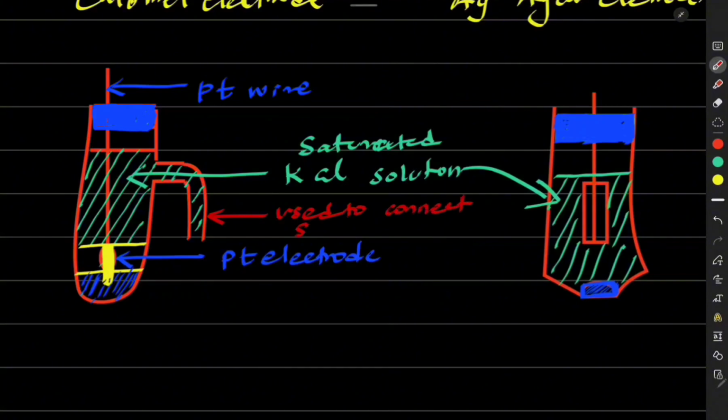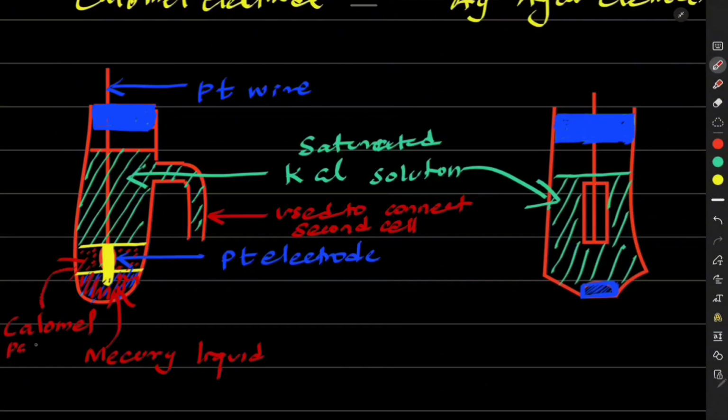And this blue colored part is mercury liquid, Hg liquid, and in this part red dots are present, and that part is called calomel paste.